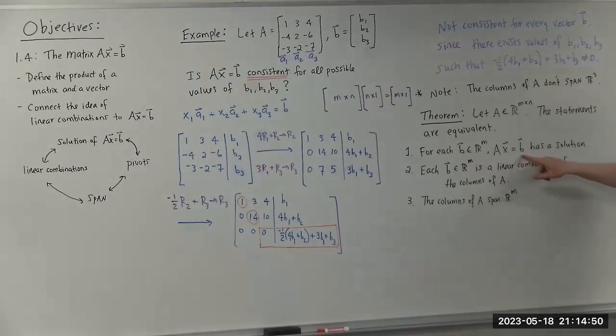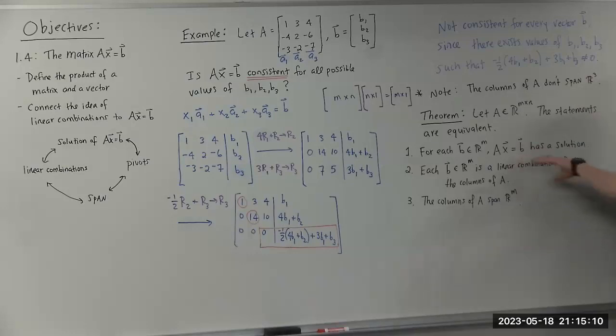If there's a solution to your system, that means that the columns of that matrix span R of M, because there's a solution here.